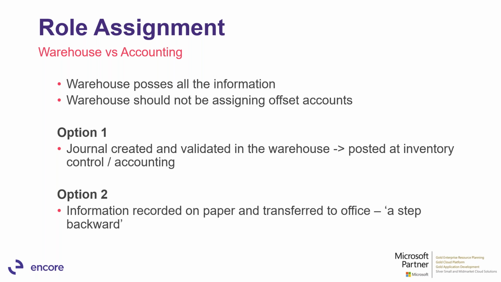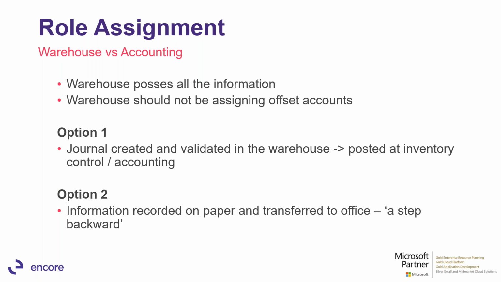So we're allowing the people who encounter the problem to record the problem straight into the system. But security rights are taken away from the warehouse personnel to post the journal. So this would be done by a supervisor or a warehouse manager who would check all the data, or an inventory control personnel after checking all the data entered and verifying that the offset account is the correct one.